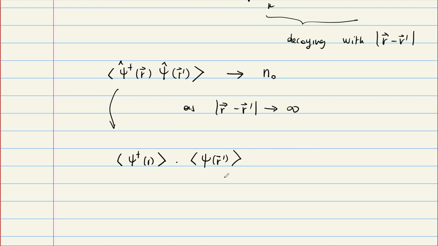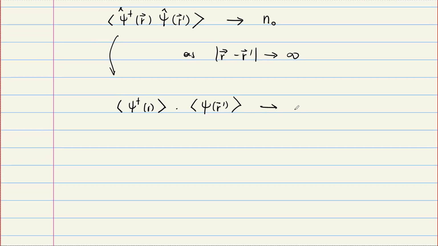Therefore, this thing goes to n0, and this immediately tells me the expectation value of psi dagger is non-zero. If you think about the usual harmonic oscillator, usual undergraduate quantum mechanics, expectation values of a and a dagger are 0 in the number basis. But now we are not working in the number basis.